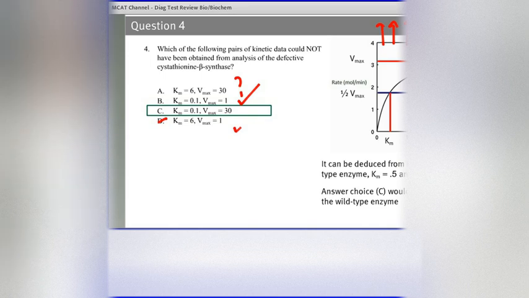Now I know what you're thinking. You're thinking, but hold on, Eli, wouldn't 6 and 30 also basically be impossible because that's way above this line? What did I say? What did I say about 6s in general? Now this is, again, not just for this chart, but for any time we see this type of question.